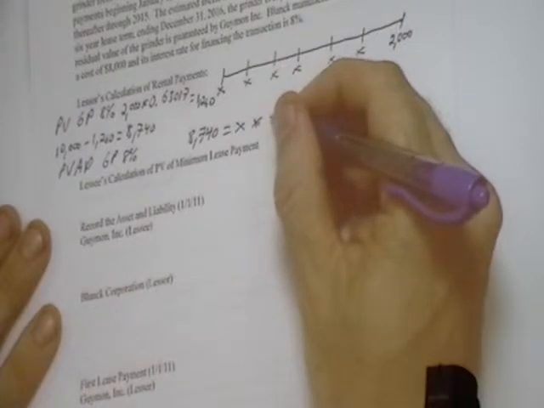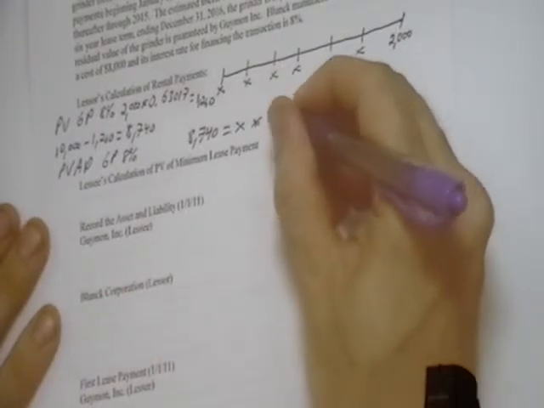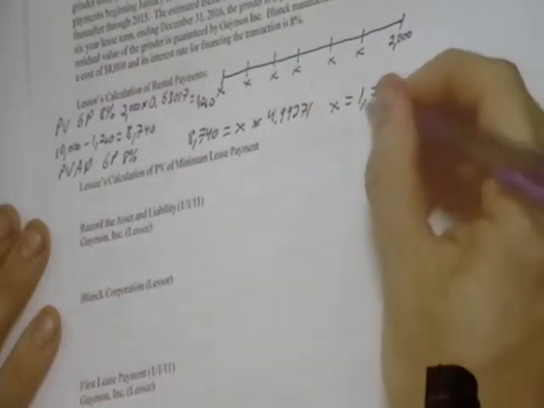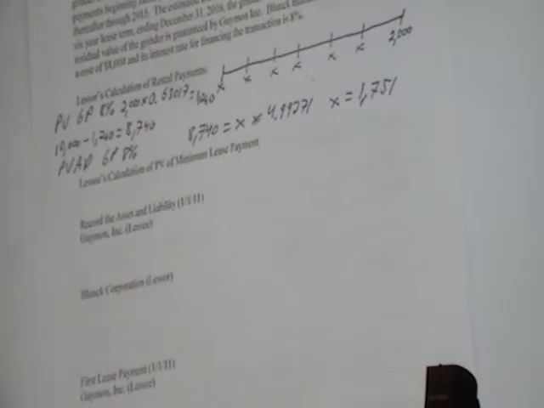Present value of annuity due, 6 periods, 8%, which is going to be 4.99271. Solve for X, and you get 1,751. So 1,751 has to be the cash payments, the 6 cash payments. One today, one at the end of this year, one at the end of next year, 6 of them total.